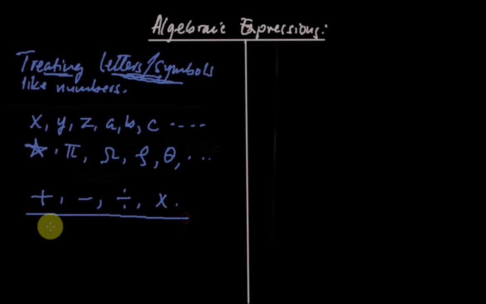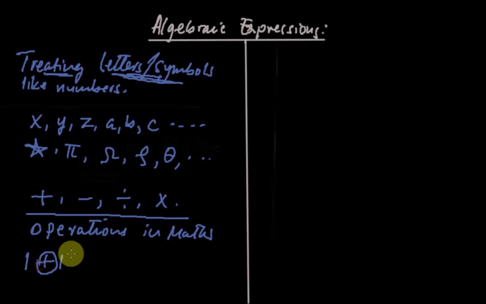These are our operations in mathematics. We operate numbers. For example, we can say 1 plus 1. Now you see we have used this to operate. This is equal to 2. We can say 2 minus 1. This is equal to 1. Things like those.